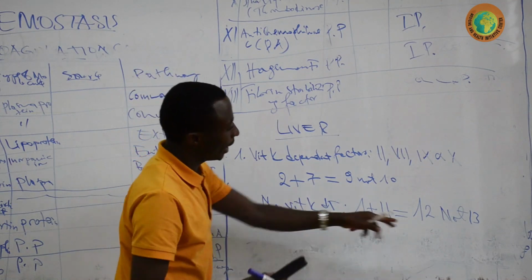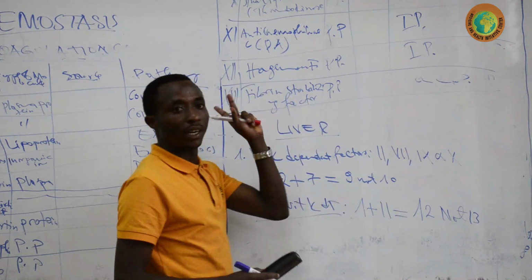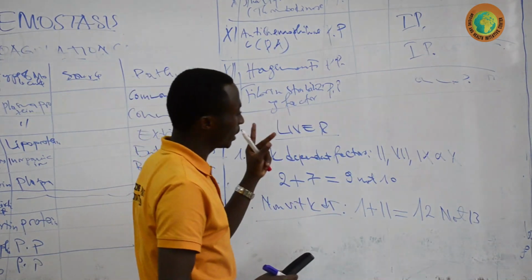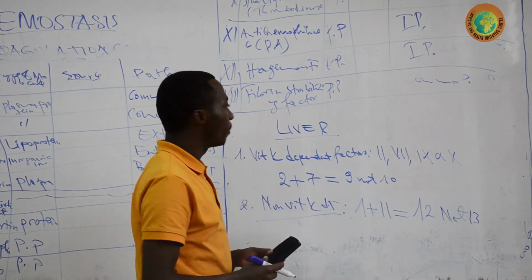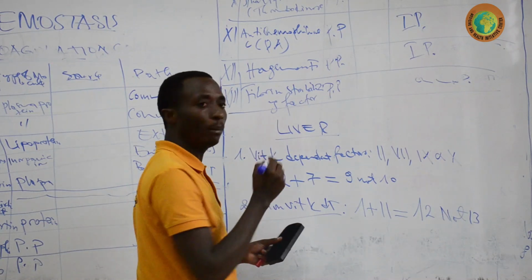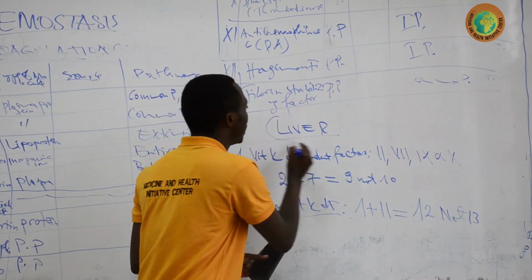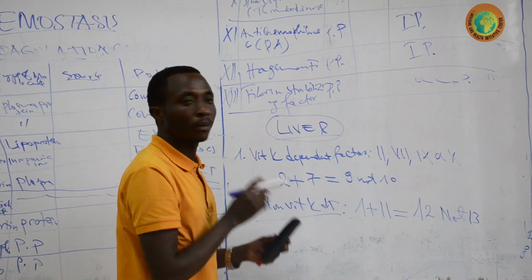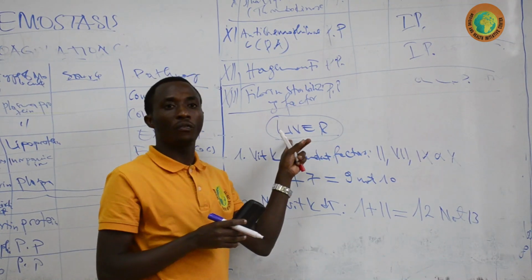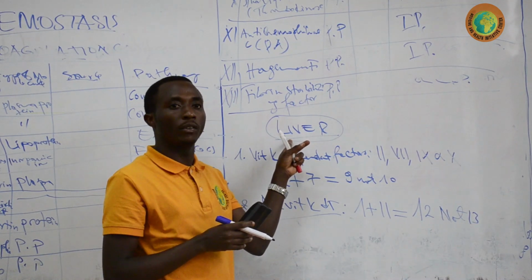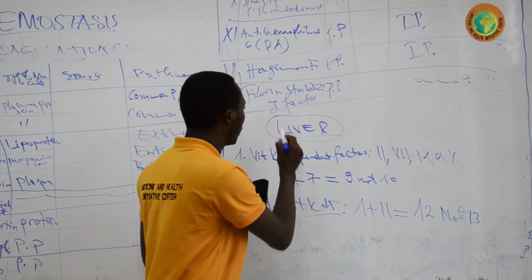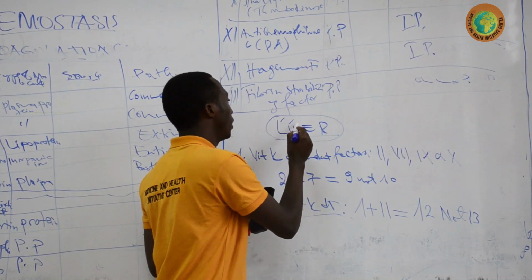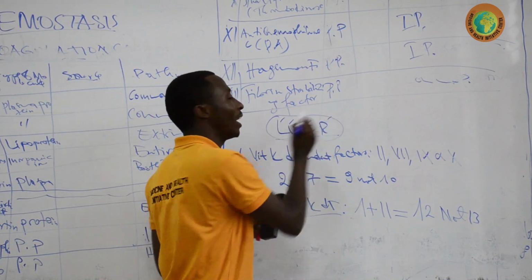And then we are missing one factor that is able to be produced by the liver. To remember it, come back to the word liver. How many letters do we have in this word liver? Let us count. 1, 2, 3, 4, 5.